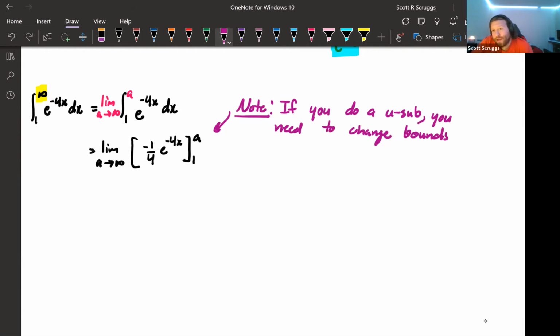So even though I do not know what a is specifically, this is still a definite integral I'm working with, and if I'm doing a u sub on an improper integral, I do have to change my bounds.